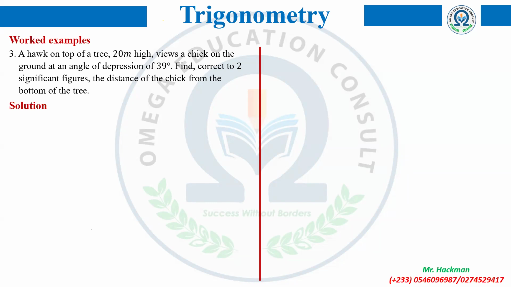Remember, I told you in placement of your angle of elevation or depression, it must be between a horizontal line and a diagonal line. So those of you who placed your angle between a diagonal and a vertical line, I was asking myself, who taught you that? Or what is the plan?